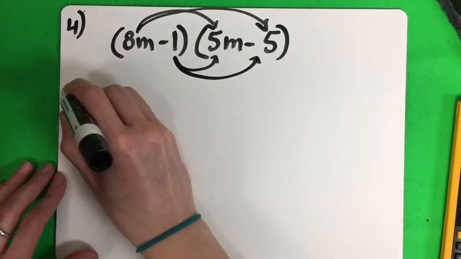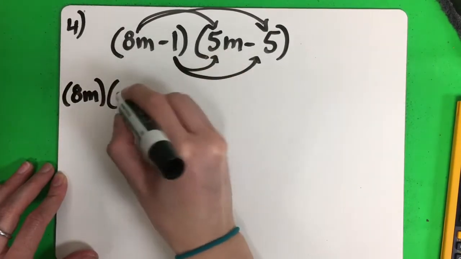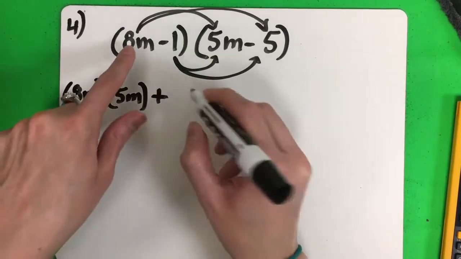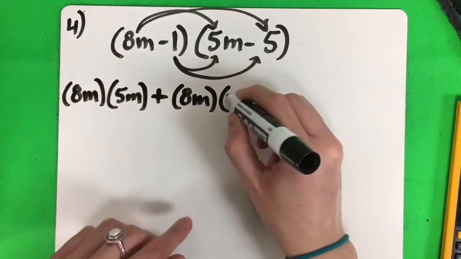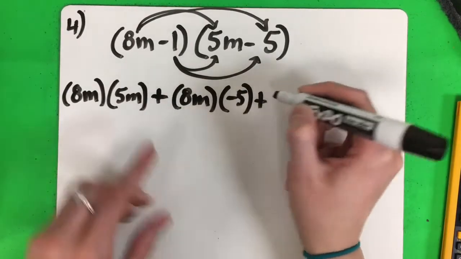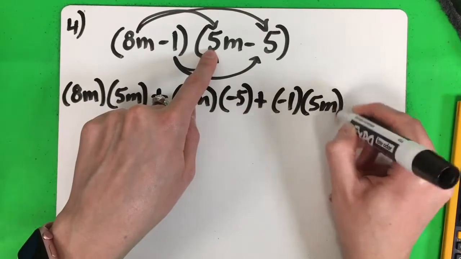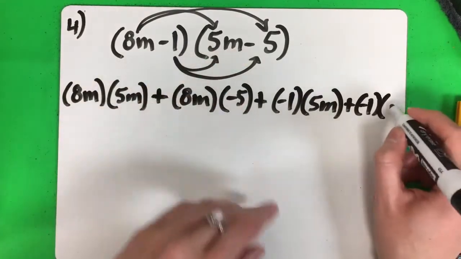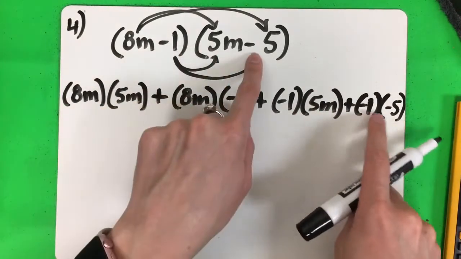Okay, let's start. So 8m times 5m plus, again, 8m times negative 5 plus negative 1 times 5m plus, again, negative 1 times negative 5. Don't forget those negatives. This is negative 1. This is negative 5.